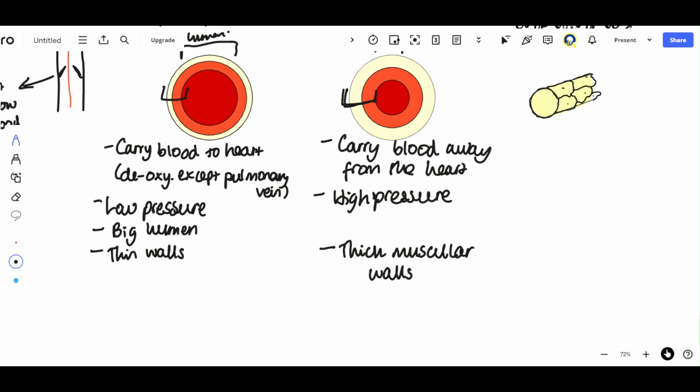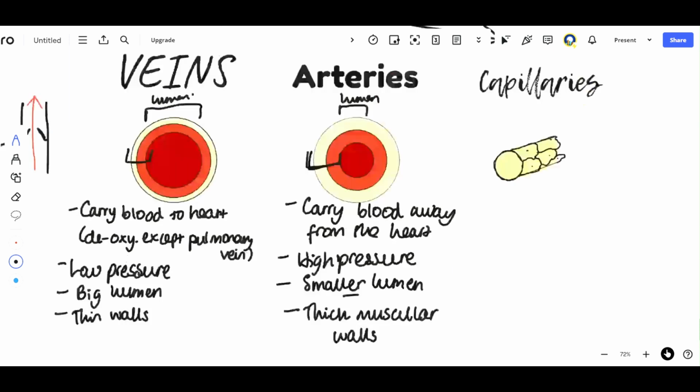And a much smaller lumen. I'm writing smaller because this is compared to veins. But the lumen is a lot bigger compared to capillaries.